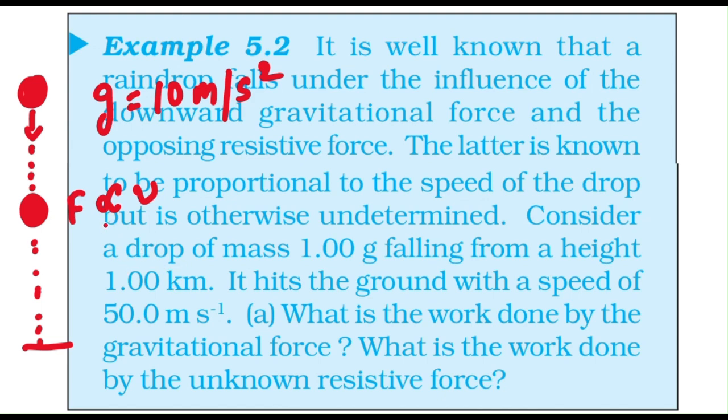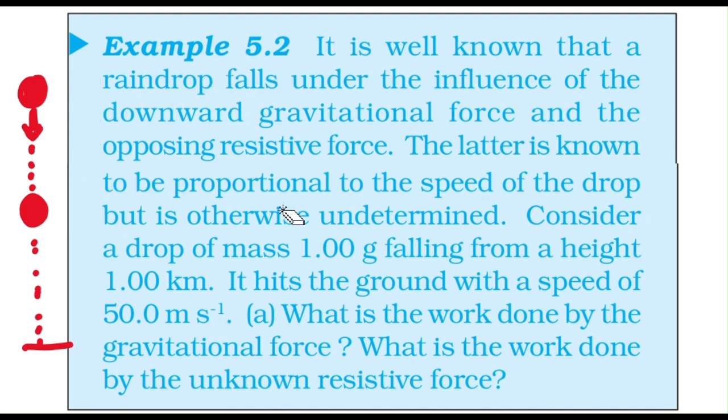So there are two forces acting on this raindrop. One is the gravitational force, which is due to the gravitational pull of the earth, and another is the resistive force, which is due to friction of this raindrop with air. So with these two forces, it has to come to the ground. So what is the question here?